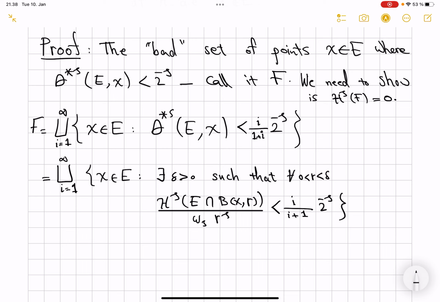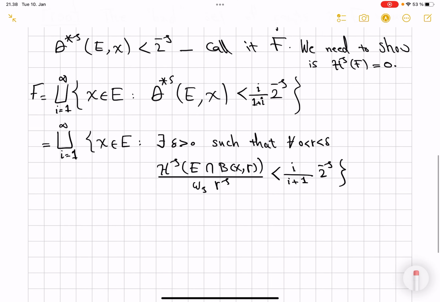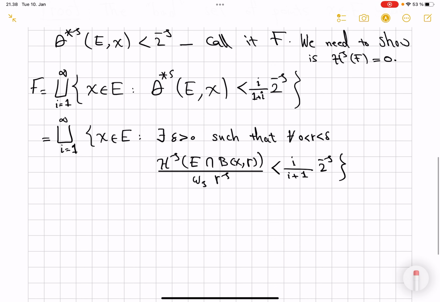Okay, so limsup being less than a number means that for all small radii this happens. This may fail for, like, r bigger than 25, so we still need to look at only small radii.